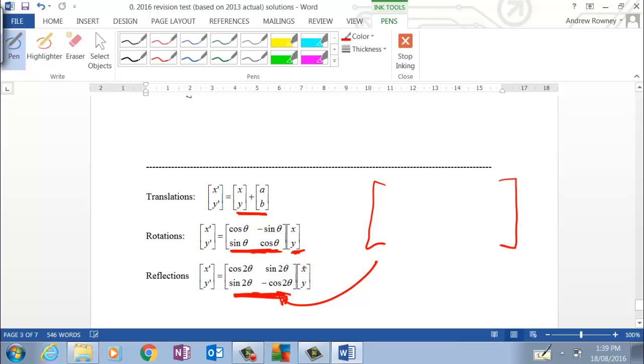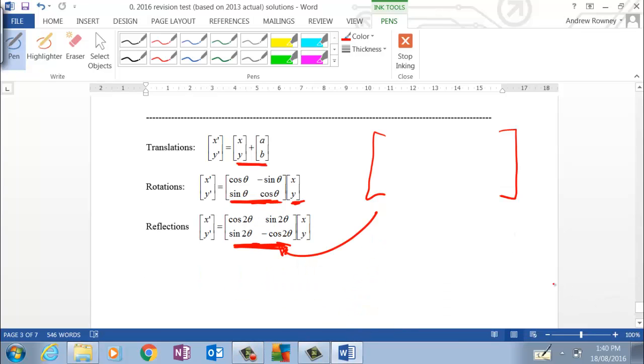where instead of using these in terms of thetas, you could do it in terms of m's, where cos 2 theta is equal to 1 minus m squared on 1 plus m squared, and sin 2 theta is 2m over 1 plus m squared.